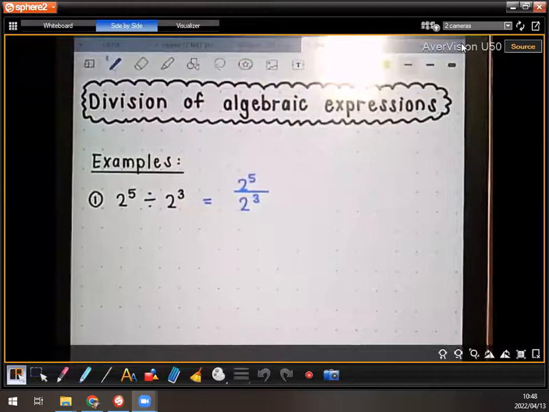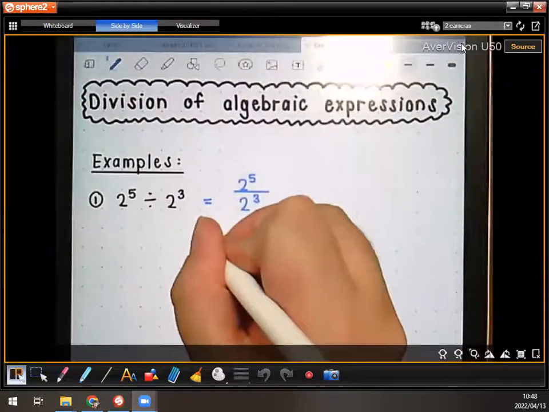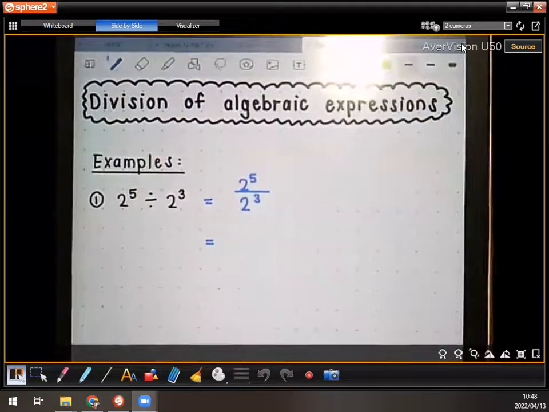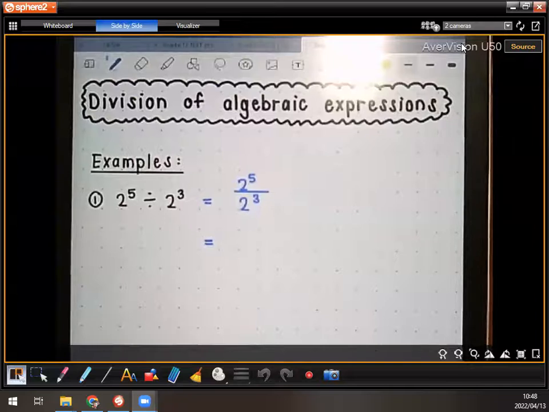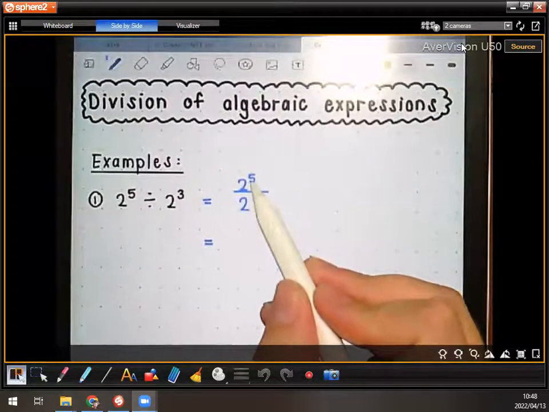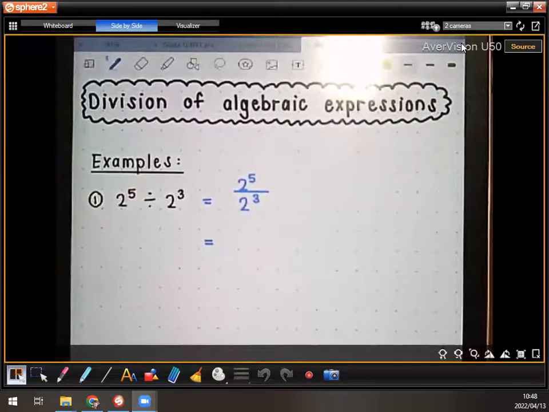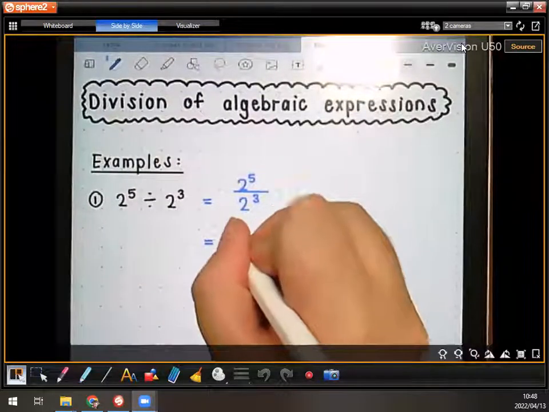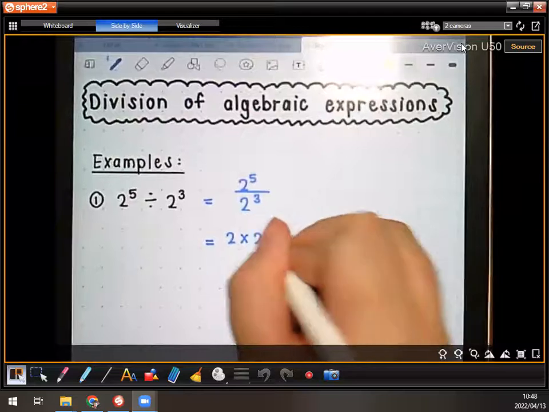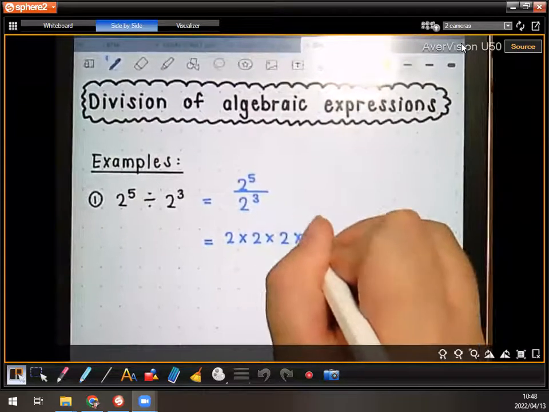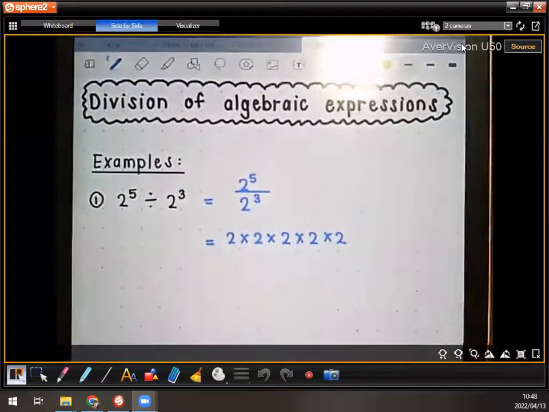Now guys, in order to show you what happens here, we are actually going to expand the numerator, the number at the top, and the number at the bottom, the denominator. 2 to the power of 5, that's 5 2's, right? Multiplied together. Do we agree with that? So I'm going to write 1, 2, 3, 4, 5 of them, right?